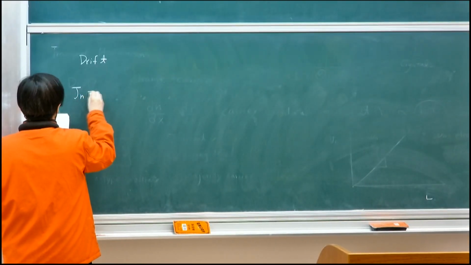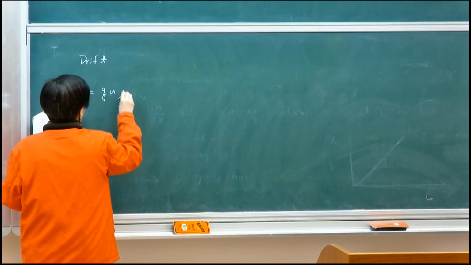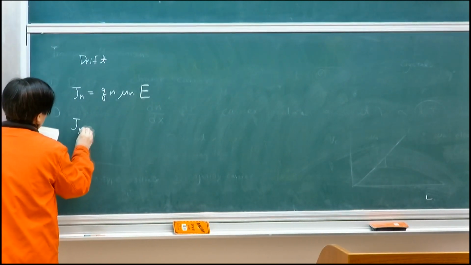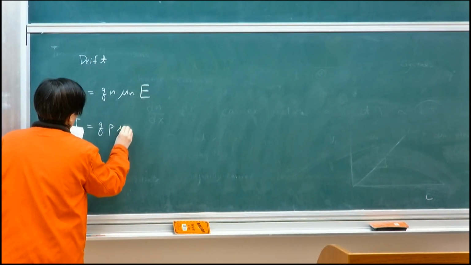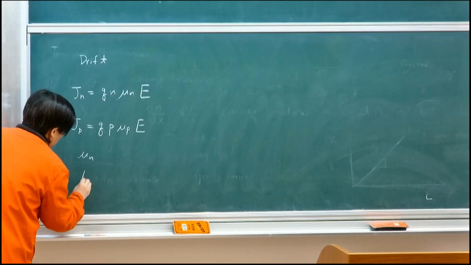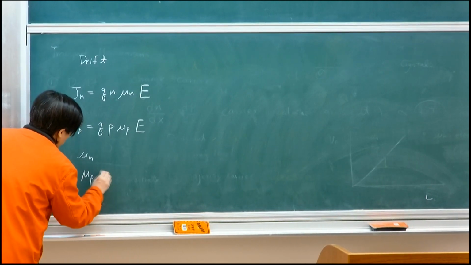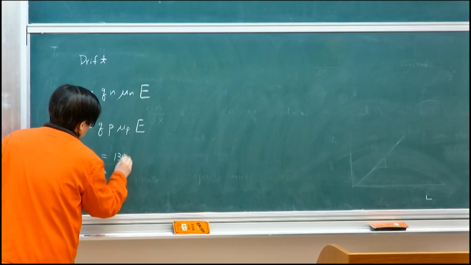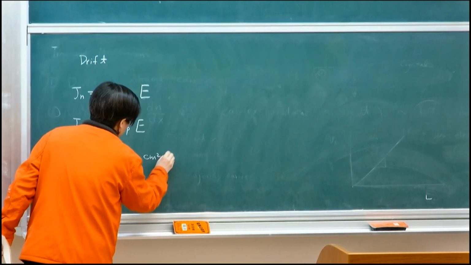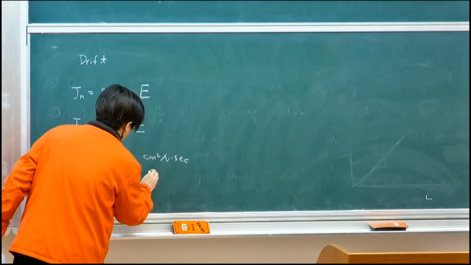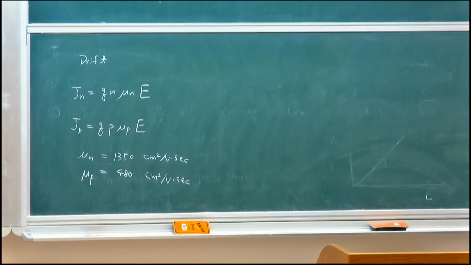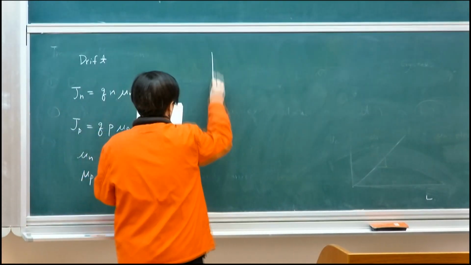For electrons, it depends on carrier density, mobility, and field. For holes, it's the same, just a different mobility. And we know that the ratio of the two mobilities is about 1/3. Just to give you a number, this is also at room temperature. So we have all these parameters at room temperature.